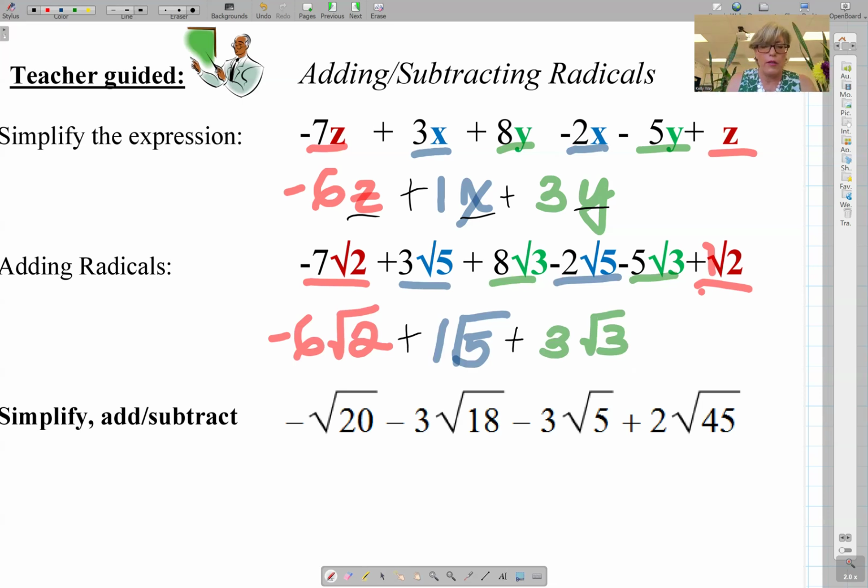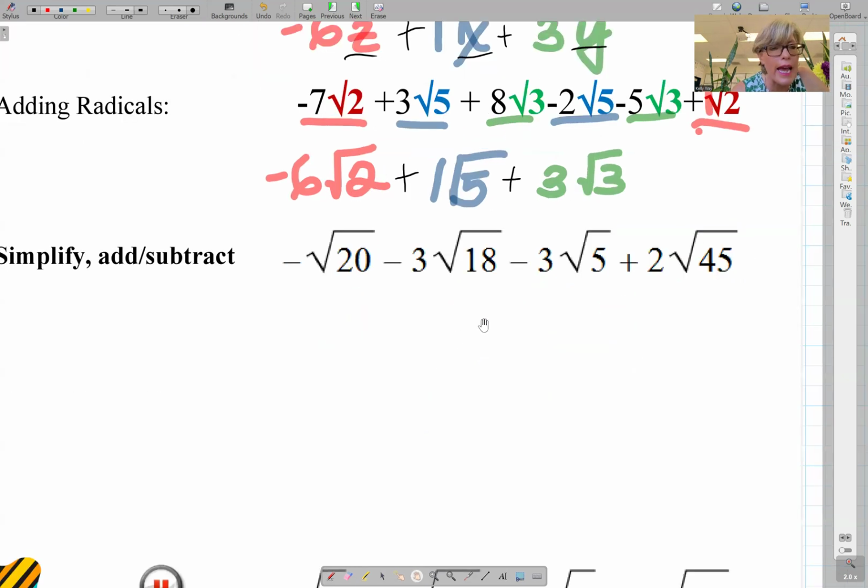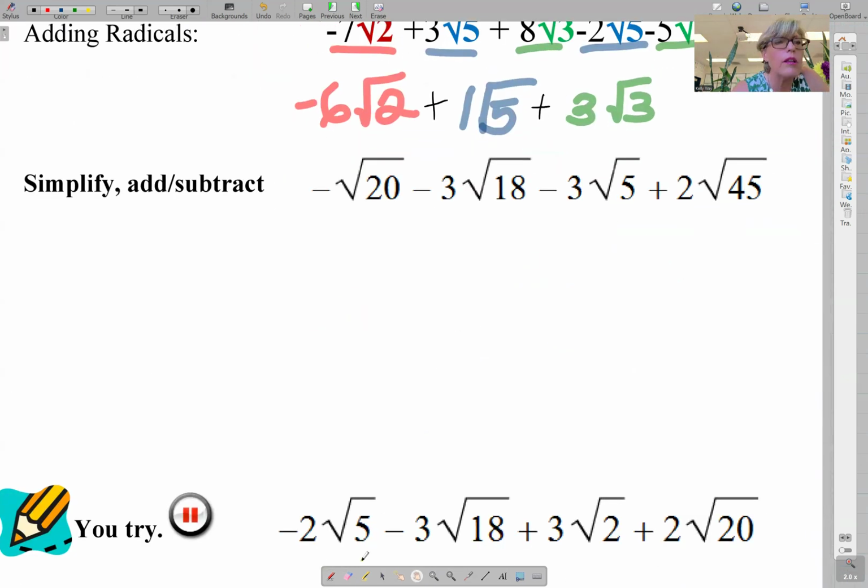Now, for this problem, it actually has 2 layers. Before I can add and subtract, I must simplify. Notice there are things down here that can be simplified. So the way I'm going to do that is I'm going to first simplify and then add and subtract.